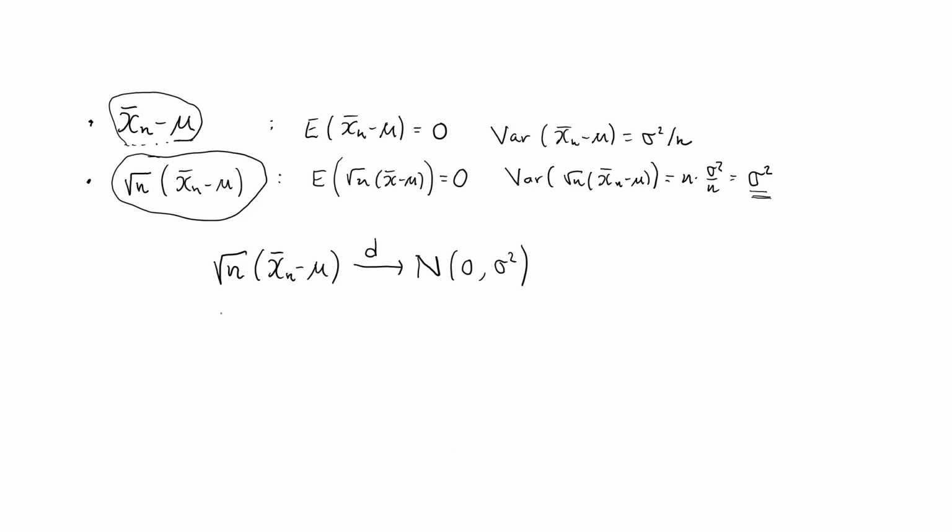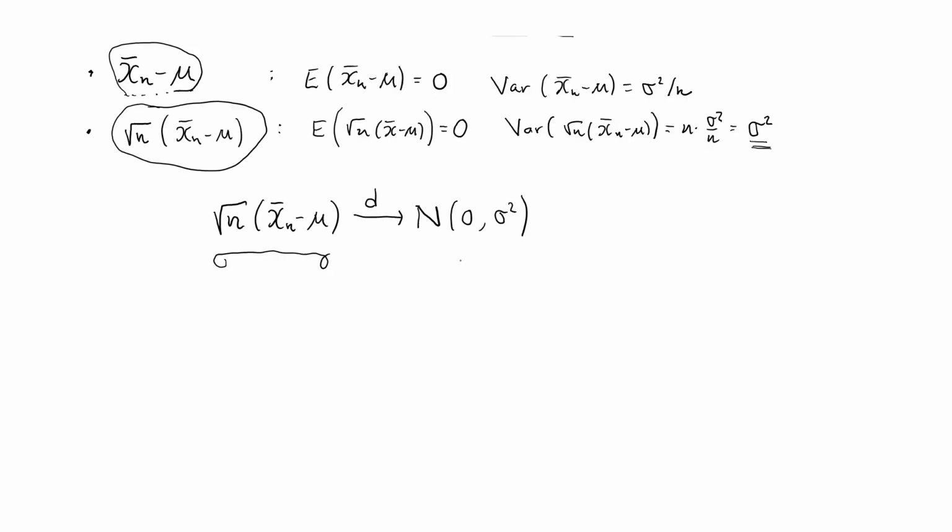Note that for this sequence, the expected value is always 0 no matter what n is. The variance is always sigma square no matter what n is, but the distribution is not in general normal for a given n, but it converges to a normal distribution.